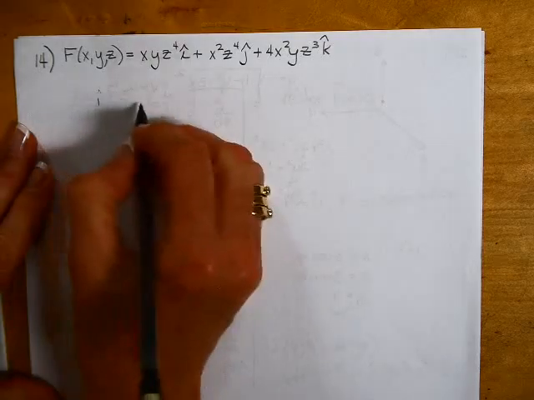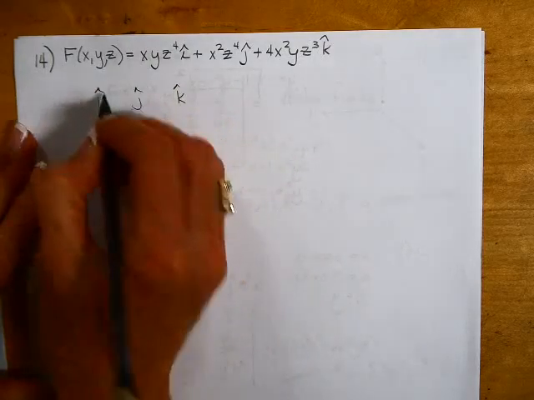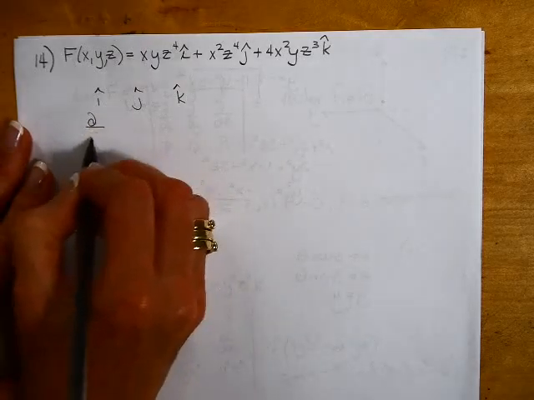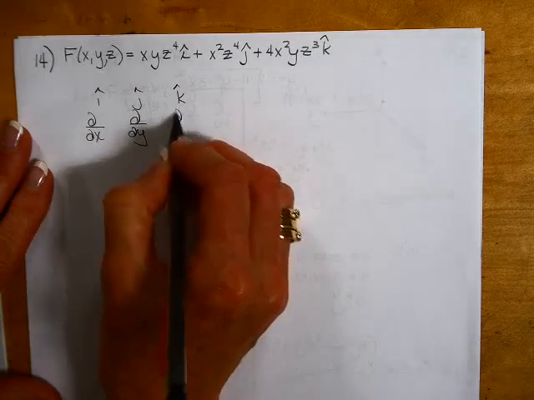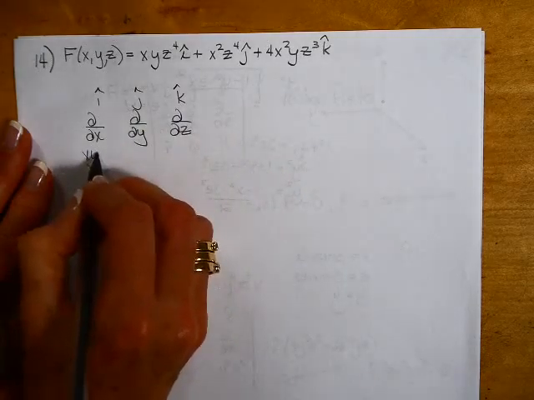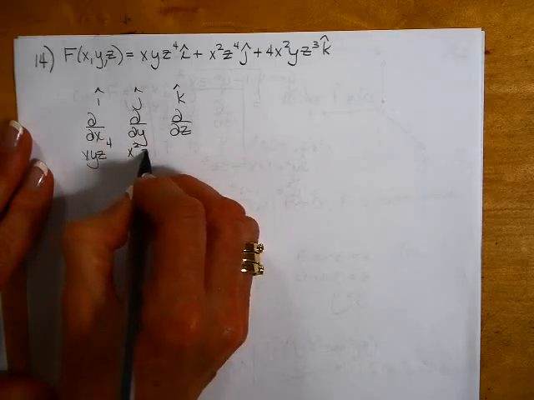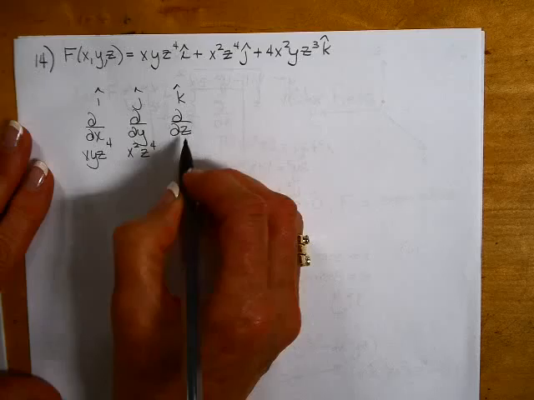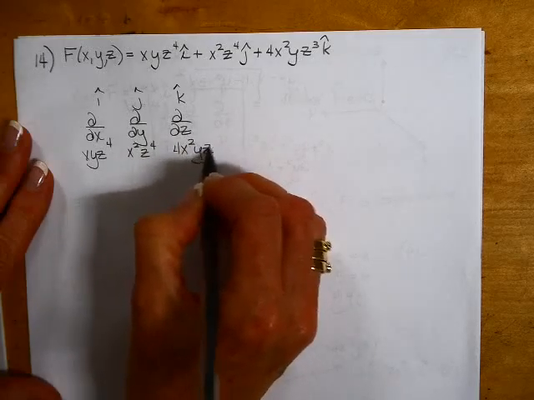So ijk. Partial with respect to x, partial with respect to y, partial with respect to z. So x, y, z to the fourth, x squared z to the fourth, and 4x squared y z to the third.